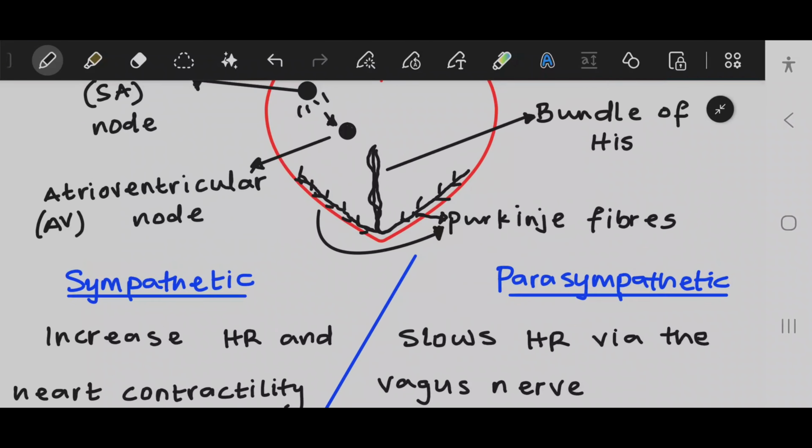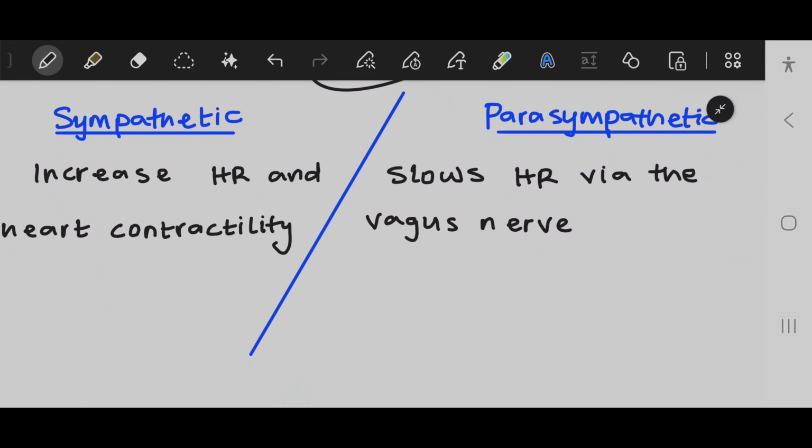Now let's look at the difference between sympathetic and parasympathetic. Whenever you hear sympathetic or parasympathetic, sympathetic just means what happens when you start exercising. It's a state of your nervous system, the state that you go into, which allows you to increase heart rate and increase the heart's contractility.